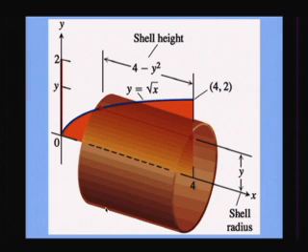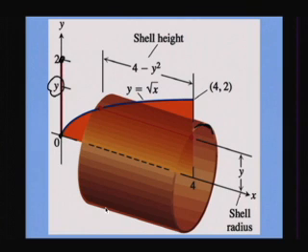You can see that here's that thin shell that I'm talking about, and it's created by revolving it around the x-axis. We have our limits of integration, as you can see with respect to y, are from 0 up to 2.